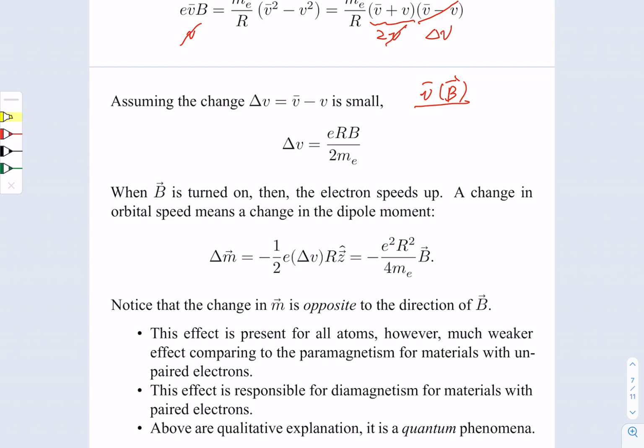I also want to note that our discussion here does not only apply to materials with completely filled electron orbitals. It also applies to every material, even paramagnetic materials, except that this is a small effect compared to the paramagnetism.